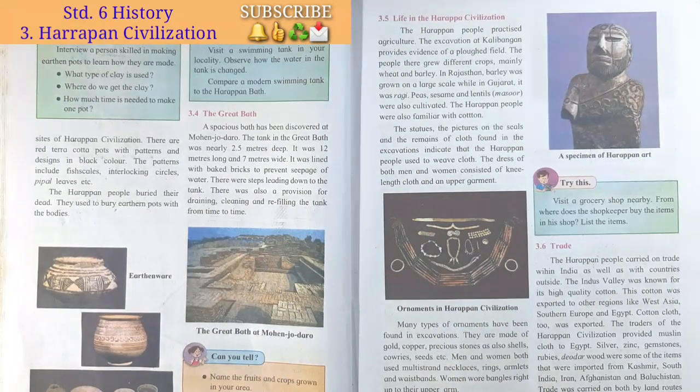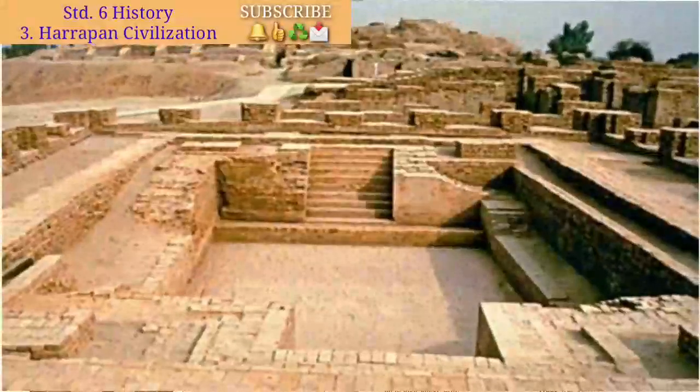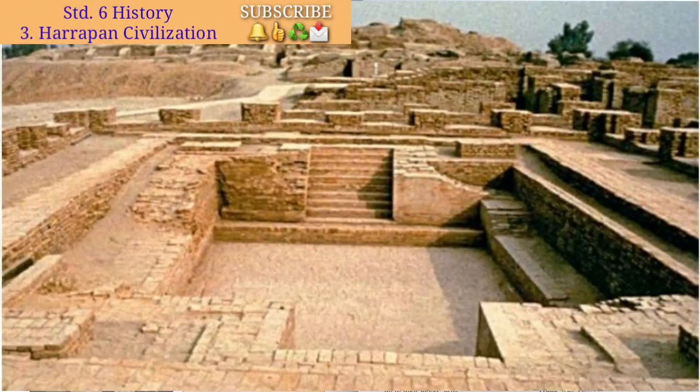So this is also one of the important characteristics of Harappan civilization, that here we find a great bath. The great bath is like a swimming tank. So here we found a swimming tank in the Harappan civilization. The great bath, or the swimming tank, was found in Mohenjo-daro.